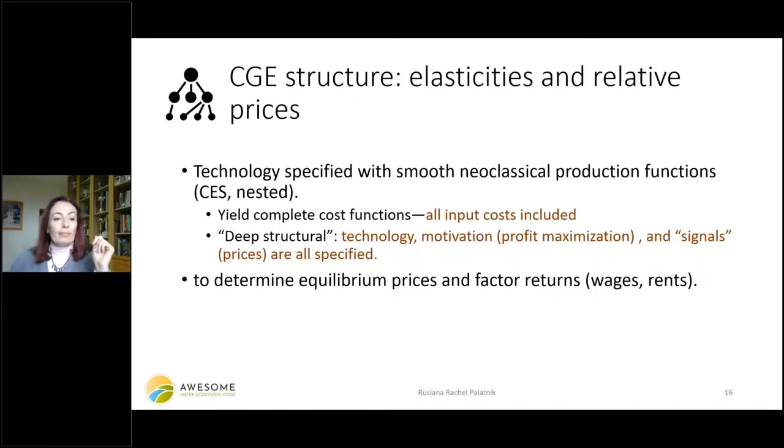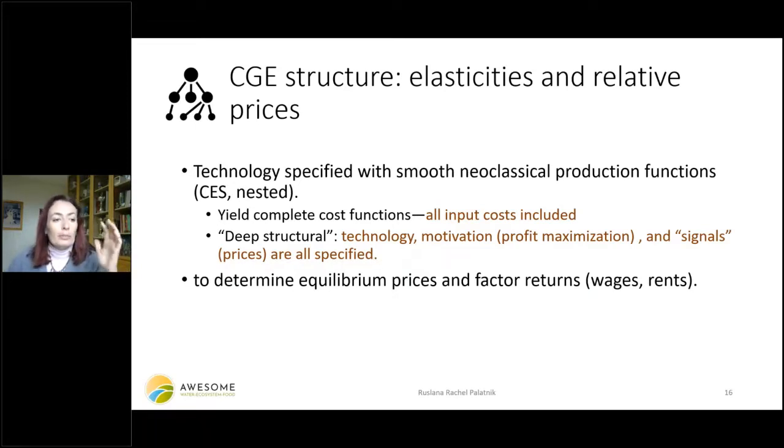Now, a bit about this functional structure that I mentioned already. The technology of each sector, each product, each industry is specified with smooth neoclassical production functions, usually constant elasticity of substitution, the CES, usually nested CES, which yield a complete cost function where all inputs are included.